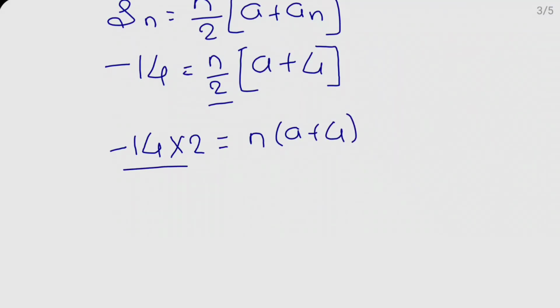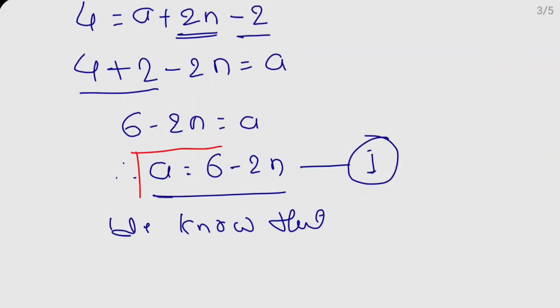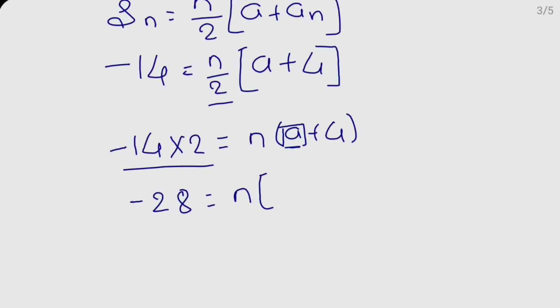And now here make these two multiplication, we got minus 28, and this equal to n as it is, and here we have a, instead of this a we can write 6 minus 2n. Look at here, a is 6 minus 2n, right? So by using equation 1 we can write here 6 minus 2n plus 4 as it is.